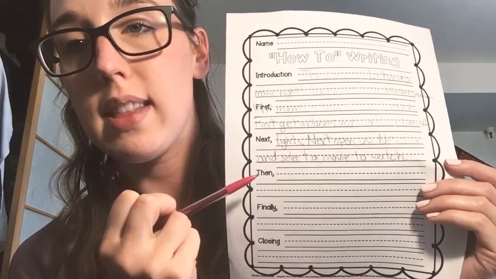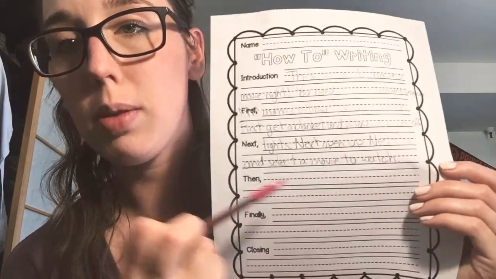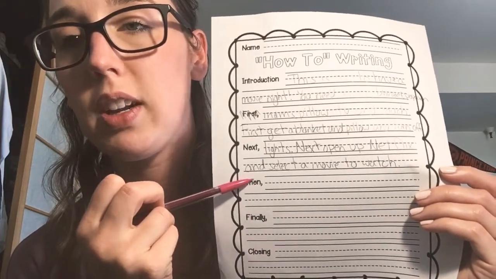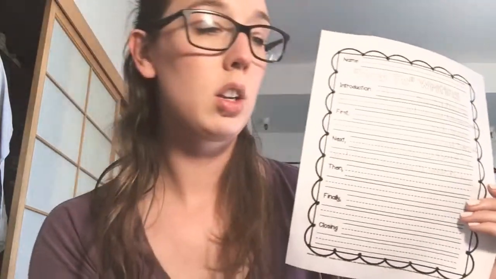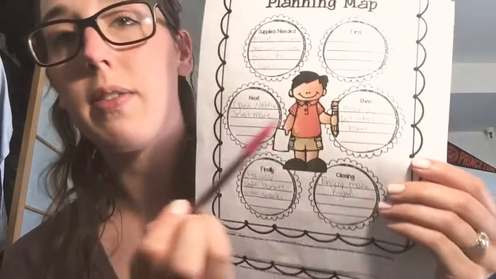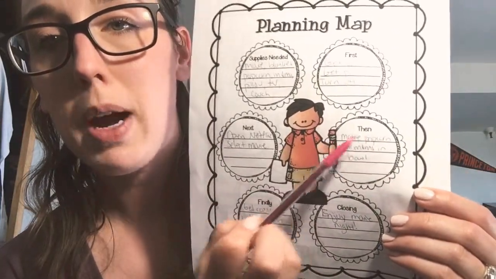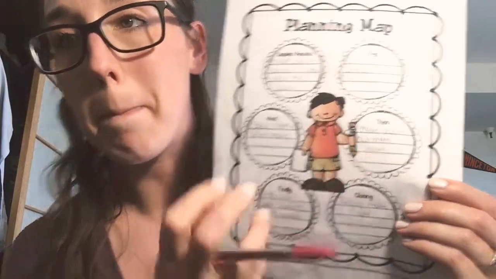So the next one is then, and I could start my sentence here, but I'm going to use this then as the beginning of my sentence so I can just keep writing. So on my planning map, I have then, make popcorn, put M&M's in bowl. So I'm going to turn that into my full sentence.